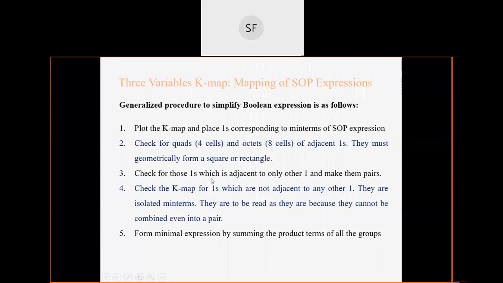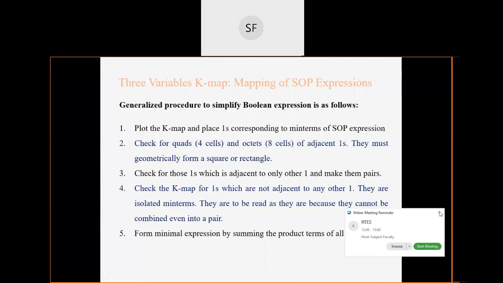Then check for those ones which are adjacent to only one. That means you have to form the pair. If there are only two ones present, then you have to form their pair. Okay. Then fourth is check the K-map for ones which are not adjacent to any one. There might be a certain cell that doesn't have any adjacent cell, है ना.